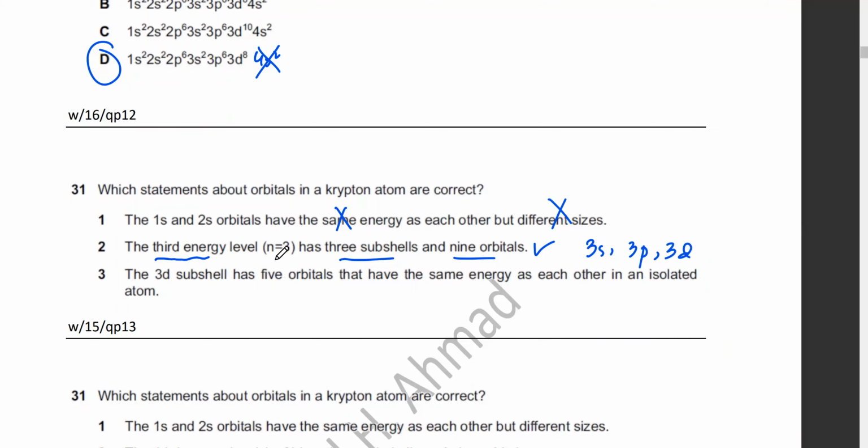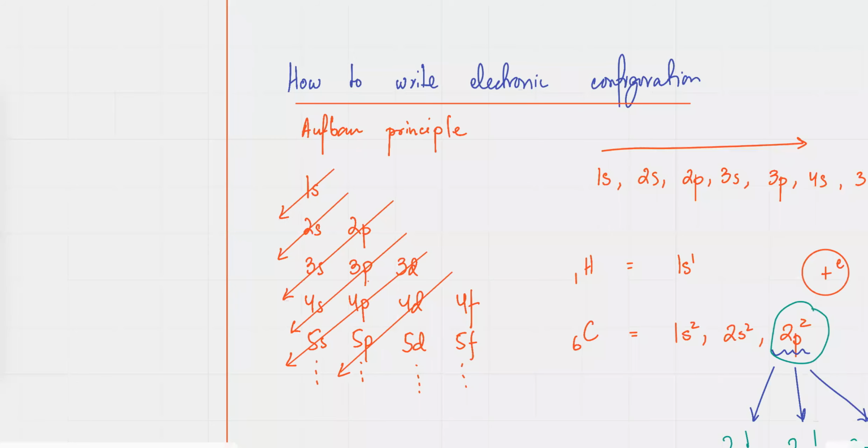Then you've got the 3d subshell has 5 orbitals that have the same energy level as each other in an isolated atom. The d is actually made up of 5 orbitals, which are 3dxy, 3dxz, 3dx square minus y square, 3dz square, and 3dyz as well, which we did do.